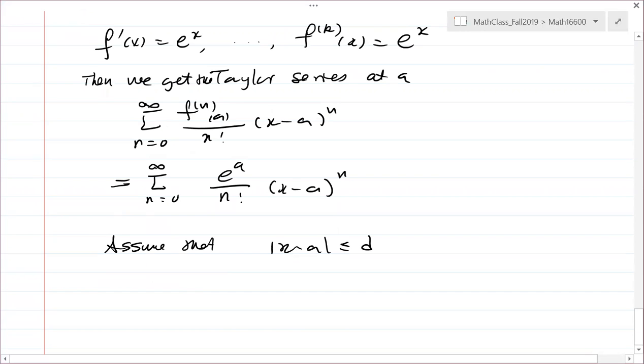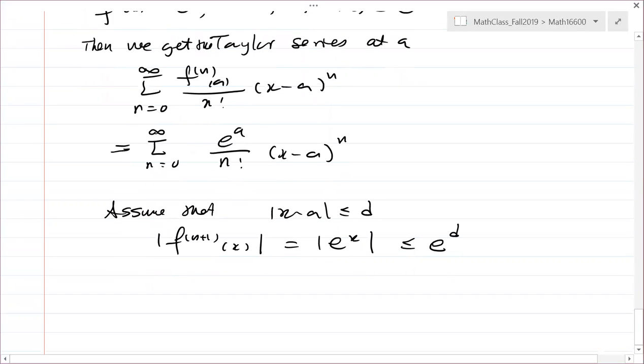I'm going to do some estimate. This is going to be just e to the x. So clearly it's less than e to the d, right? Because x is less than some number. It depends, it's not just e to the x.